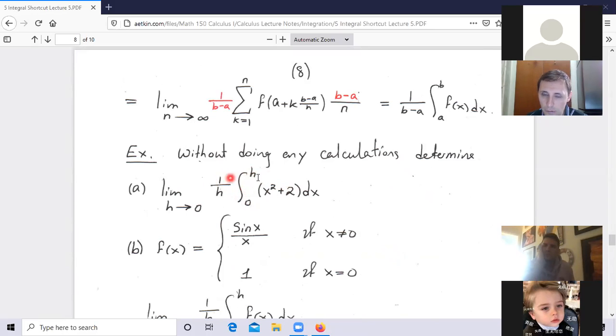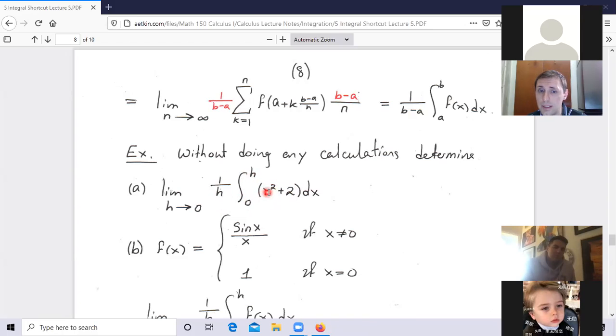So if I realize what I'm doing, I also realize x squared plus 2 is a continuous function, which means that when h is small, the elevations are going to be very similar to the elevation near the point 0, because they gradually change. So all the elevations are very similar to the elevation at 0.